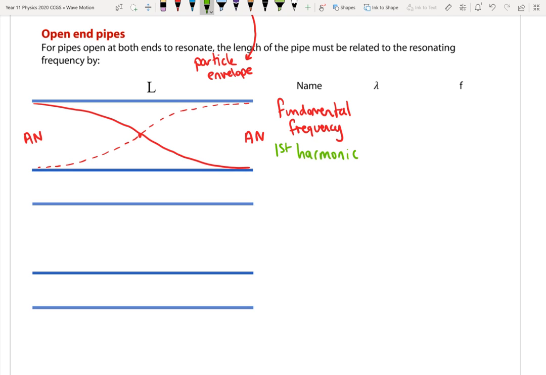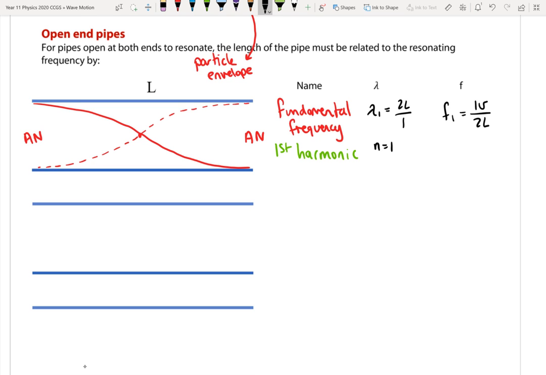You could be given either of the naming techniques. You could be asked for the second overtone or the third harmonic. They mean slightly different things. Just for fun, we'll write that the wavelength is going to be 2L on 1. We have derived the equation anyway, so there shouldn't be any surprise. F1 equals 1V over 2L, and this is obviously n equals 1.